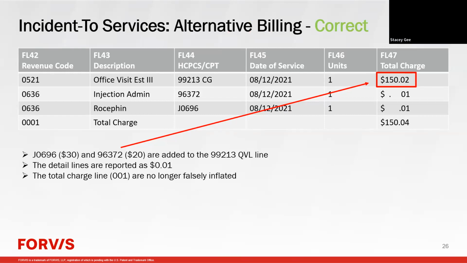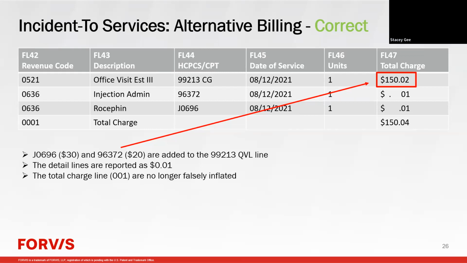If you go to the next one, this one should say incident to services alternative billing correct. So what we would do is take that same office visit for that established patient, that level 3, that 99213, which is your qualifying visit code with the CG modifier. We would add the $20 and the $30 for the Rocephin and the injection administration.